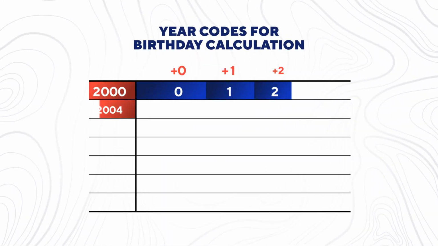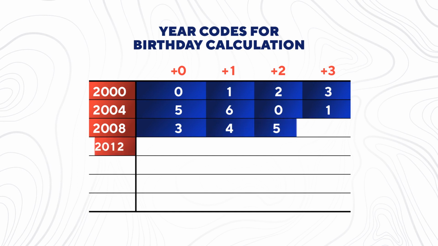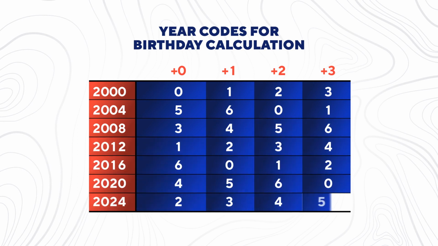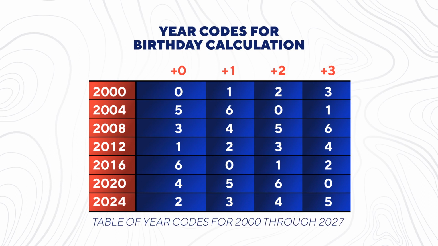And 2003 is probably easier to work with than 1975, because 2003 will have a year code of 3, and you're done. So you can always get in the 2000 to 2028 range by adding some multiple of 28, like 28 or 56 or 84.